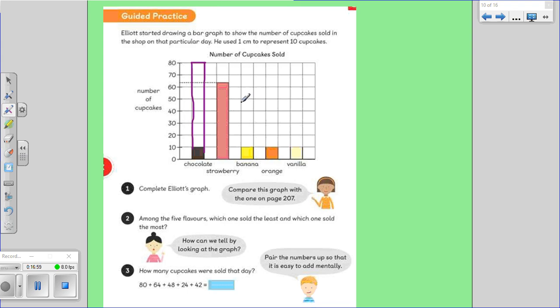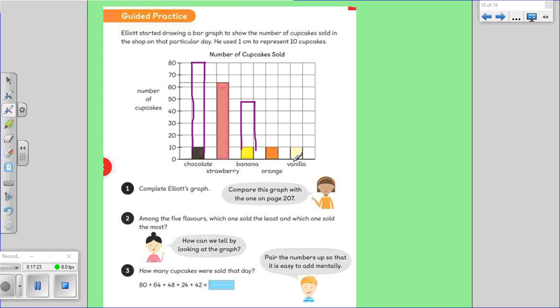So about here. Now yours will be more accurate than mine, because you'll be able to use a ruler to do this. Okay, and then you can bring it down to join the banana. Okay, you could always split your 1 centimetre into 10 parts, so it's a little bit more accurate for you to do.